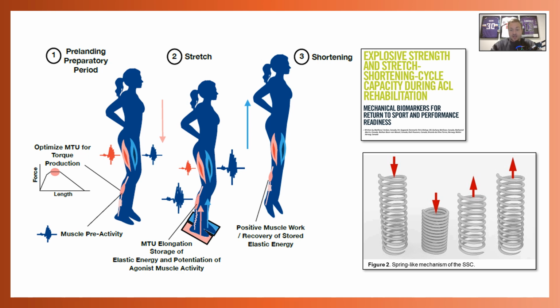Think of this like a spring, the spring-like mechanism of the stretch shortening cycle on the picture on the bottom right. You can see that we can preload the spring, rather, the elastic properties of the spring are loaded. Once we let go of the pressure on the spring, we get this rebound effect that helps assist in power production.